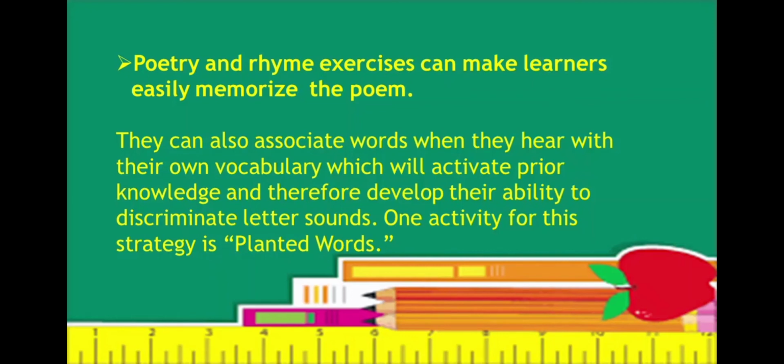So what is the main idea of this concept? Learners can easily incorporate or associate words that are familiar to them to other words they hear. That is why their vocabulary or their prior knowledge will be activated, no?